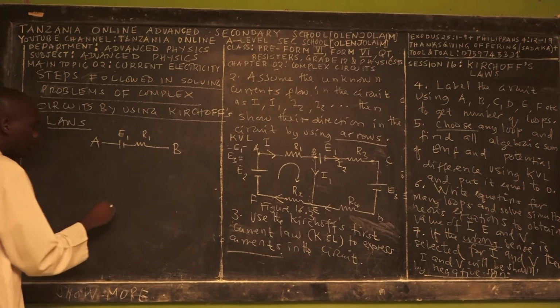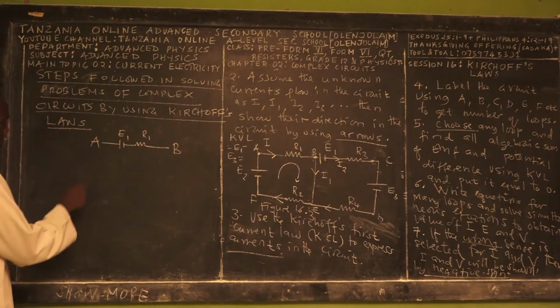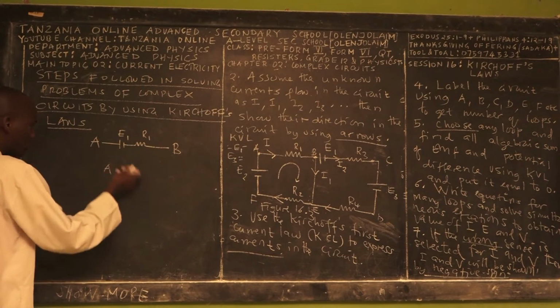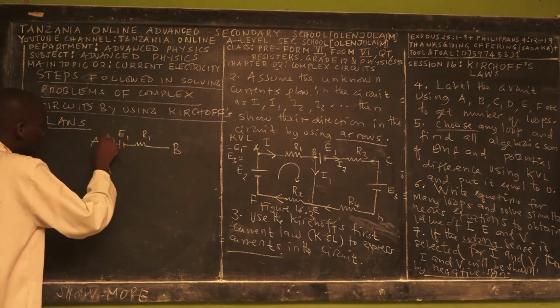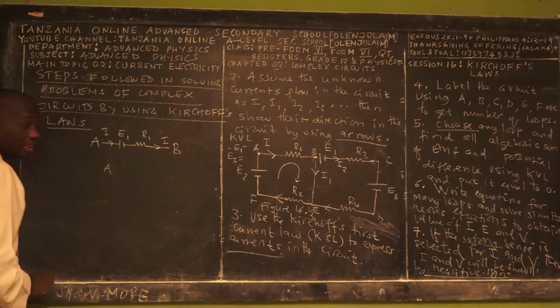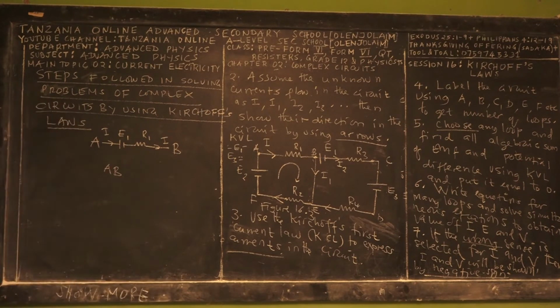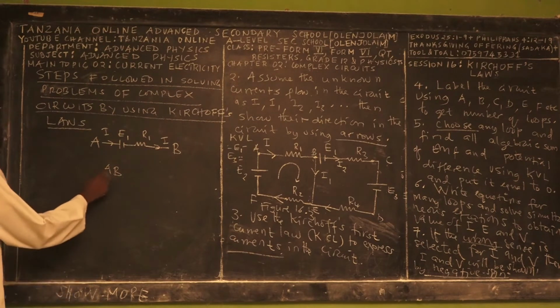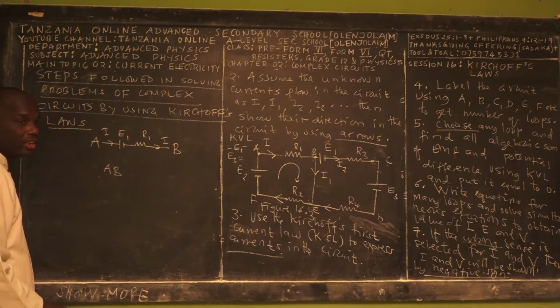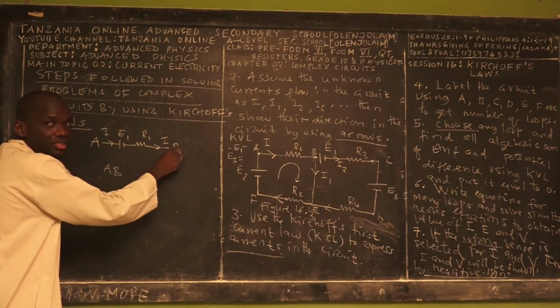I chose a particular loop, just this small section of this. Say I chose the direction of current to be this way. My loop is A, B, A. So A is this, next is B, right?